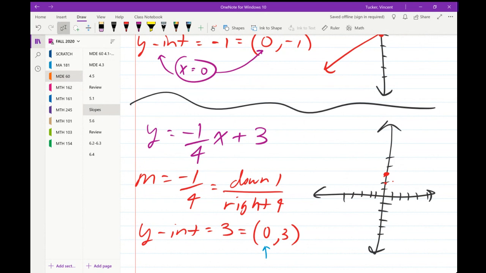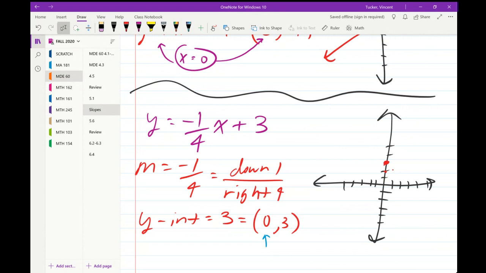And my y-intercept is 3. So my coordinates will be (0, 3). All right. Any questions?